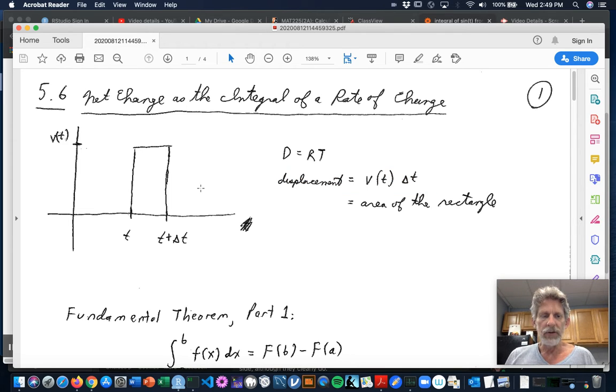If you think of it graphically, like a time axis here and a velocity axis for your vertical, and say for some little interval of time, delta t seconds maybe, you travel at one constant velocity, say v of t is constant over that time interval, then the displacement is going to be v of t times delta t, and it's the area of this rectangle.